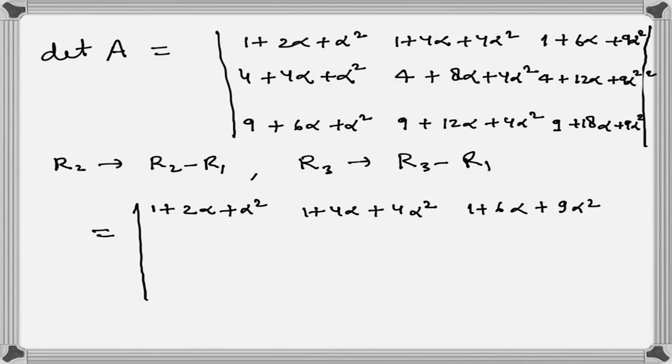For R2 minus R1, we get 3 plus 2 alpha, 3 plus 4 alpha, 3 plus 6 alpha.